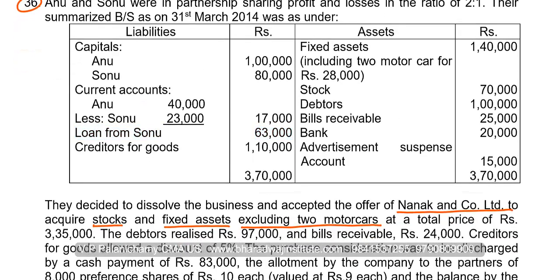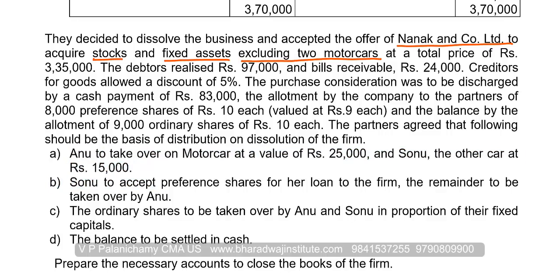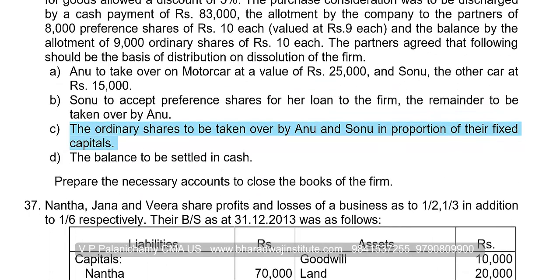For this loan, Sonu will take over preference shares, and the balance will be taken over by Anu. Ordinary shares means equity shares, taken over by Anu and Sonu in the proportion of their fixed capital. The balance will be settled in cash. Prepare necessary accounts to close the books of the firm.